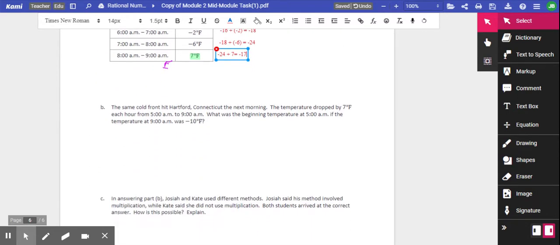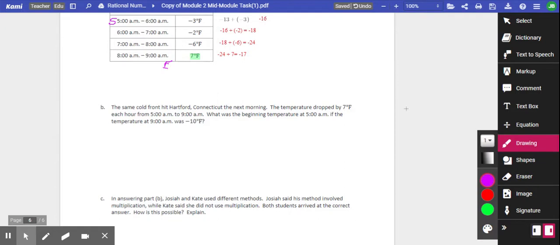Now, part B says that the same cold front hit Hartford, Connecticut the next morning. The temperature dropped 7 degrees Fahrenheit each hour from 5 till 9. What was the beginning temperature if the temperature at 9 was negative 10?